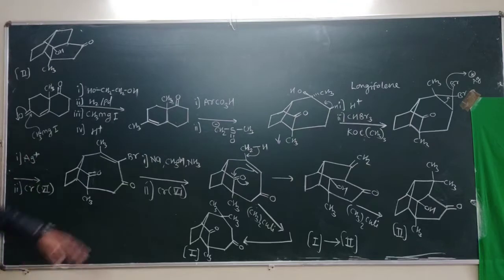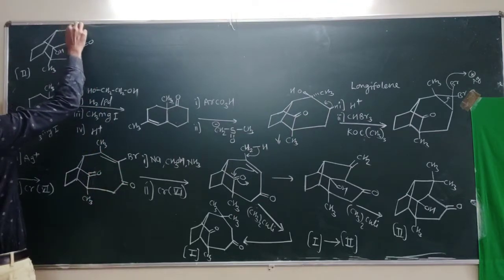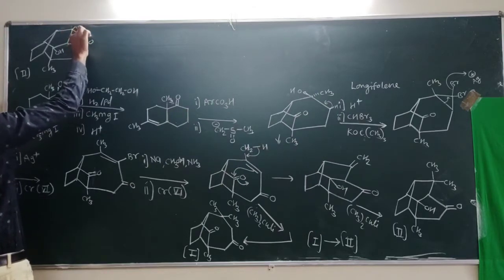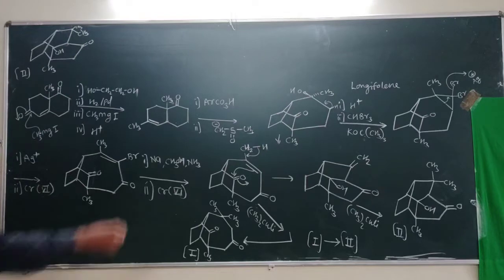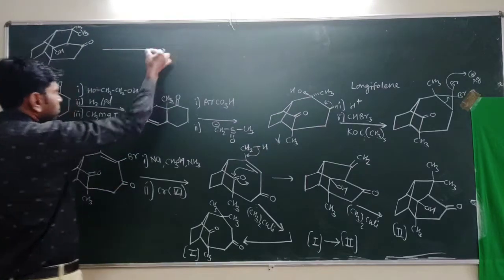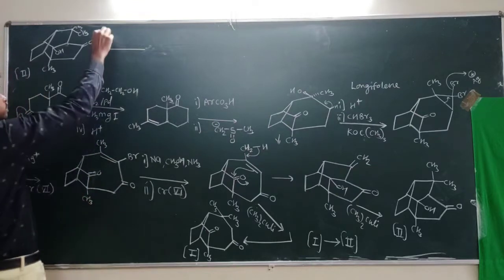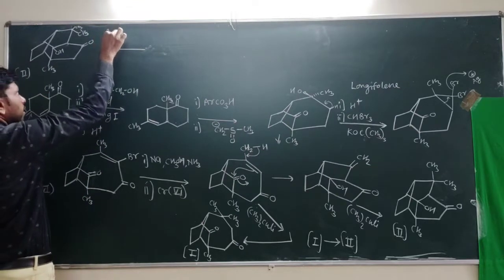CH3. So this is our second structure where these two CH3s are there, this CH3 and this CH3. Now at this stage we have to add some reagents. So first reagent we have used is NaBH4.